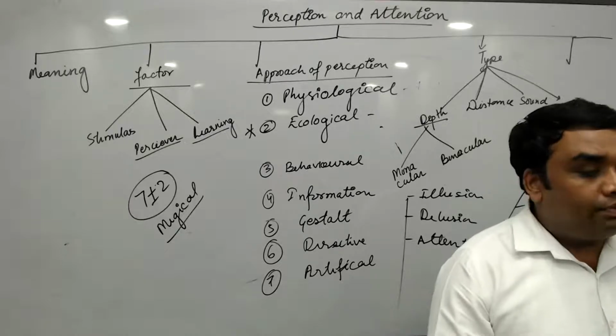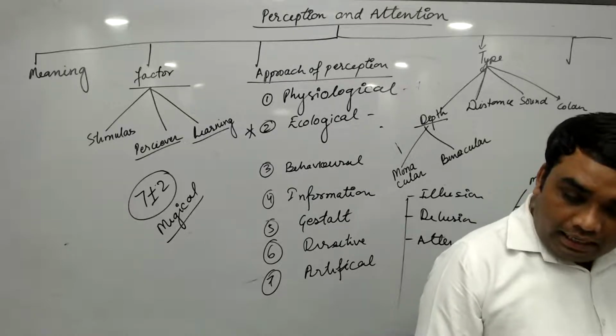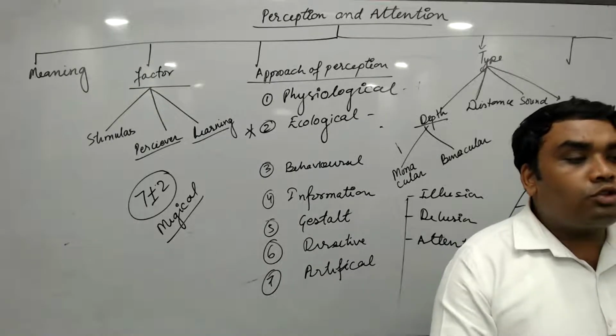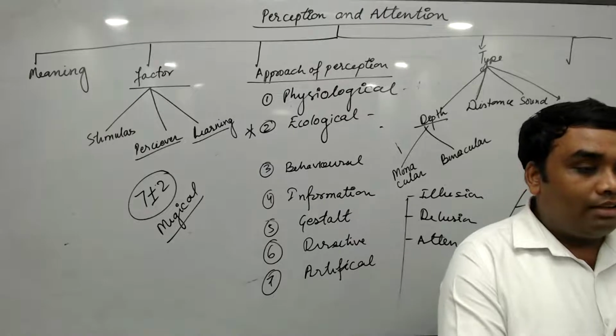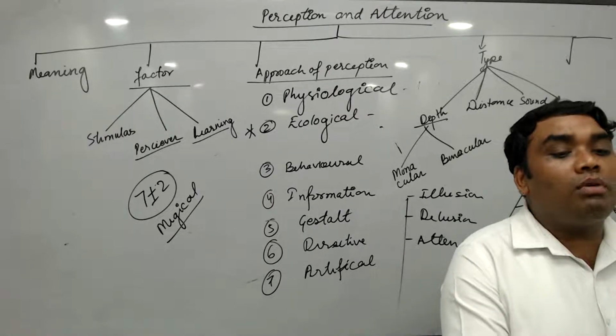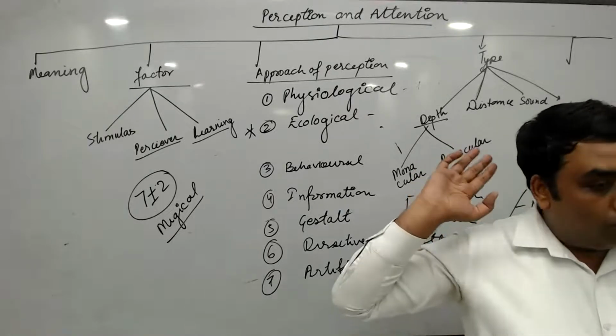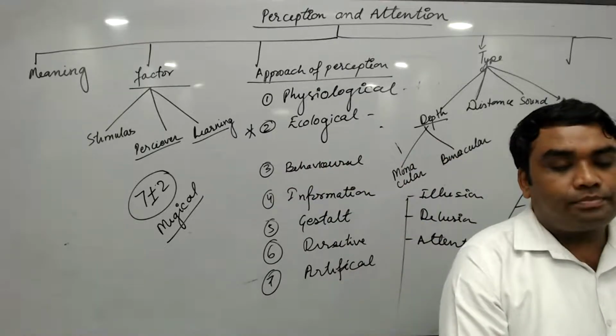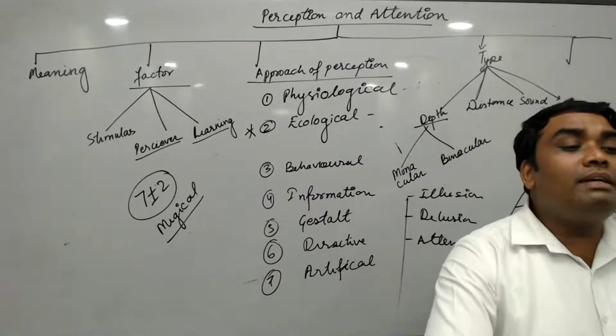After understanding the methods, what is their focus? The focus of cognitive psychology was memory, thinking, problem solving, concepts, perception, all the topics which we have discussed earlier. And what are their major works?